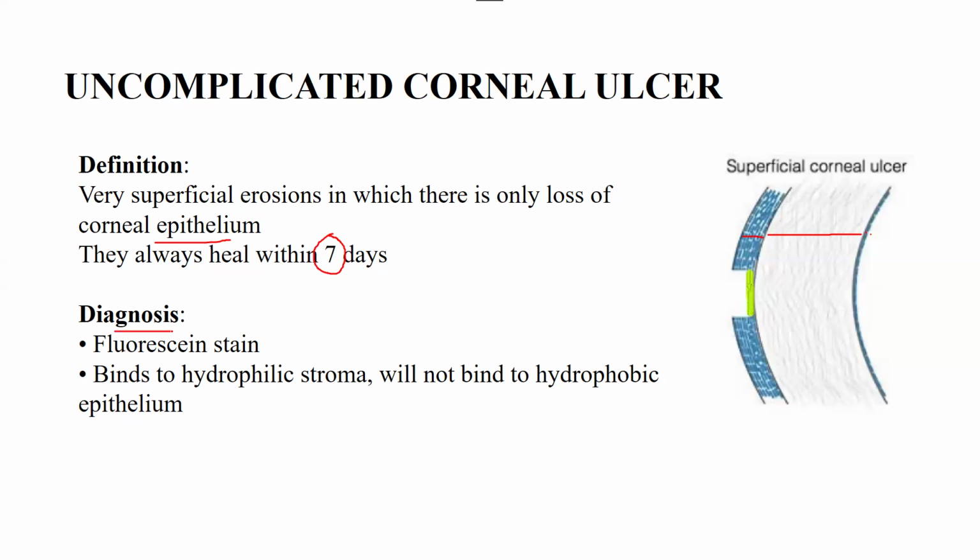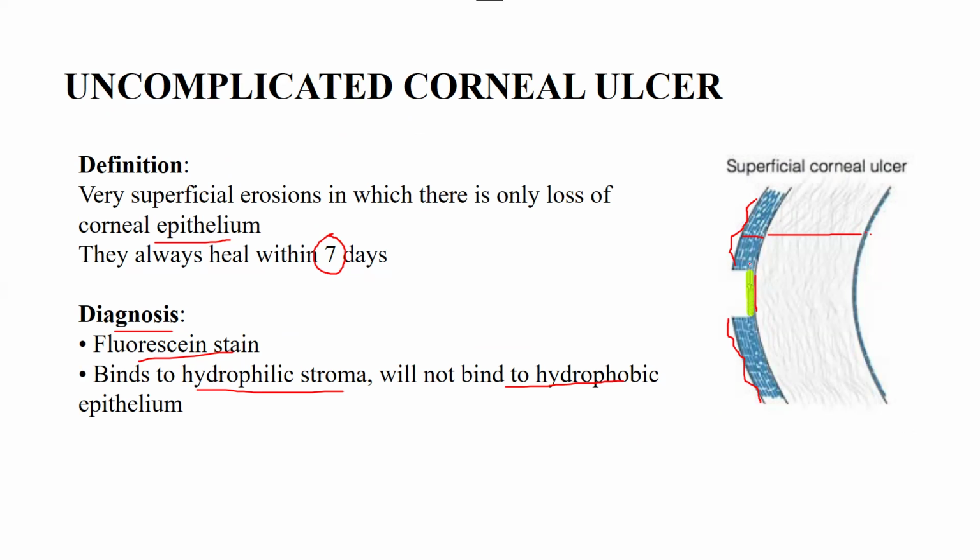The diagnosis is by fluorescein stain. Basically, you apply the green stain on the eye, and what happens is that this stain binds to hydrophilic stroma but will not bind to hydrophobic epithelium. So you see, this is the stroma, and the green dye has attached to this hydrophilic portion, not the hydrophobic epithelium. This whole portion is hydrophobic because it is epithelium, and epithelium is hydrophobic.